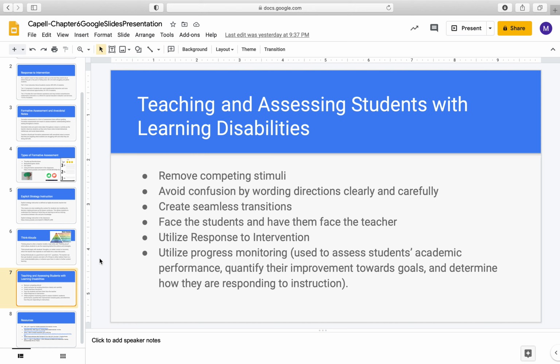So creating seamless transitions helps students keep on track with what we're doing, what we're supposed to be doing, what we're learning, you know.